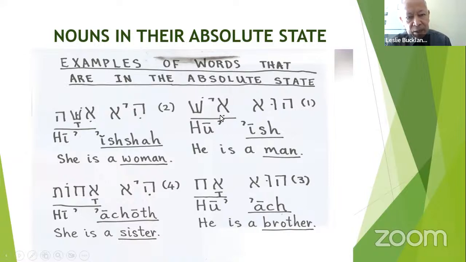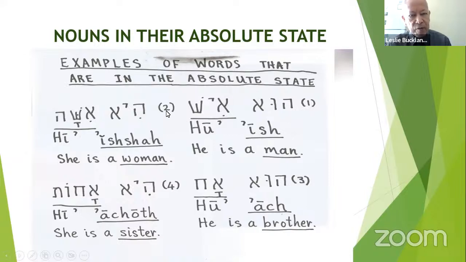So if you see a noun by itself and there is no makef, no horizontal line connecting this noun to another noun, then we say that this noun is in its absolute state. Hu ish, he is a man. Ish stands by itself and does not depend on any other noun to explain or describe who this man is.